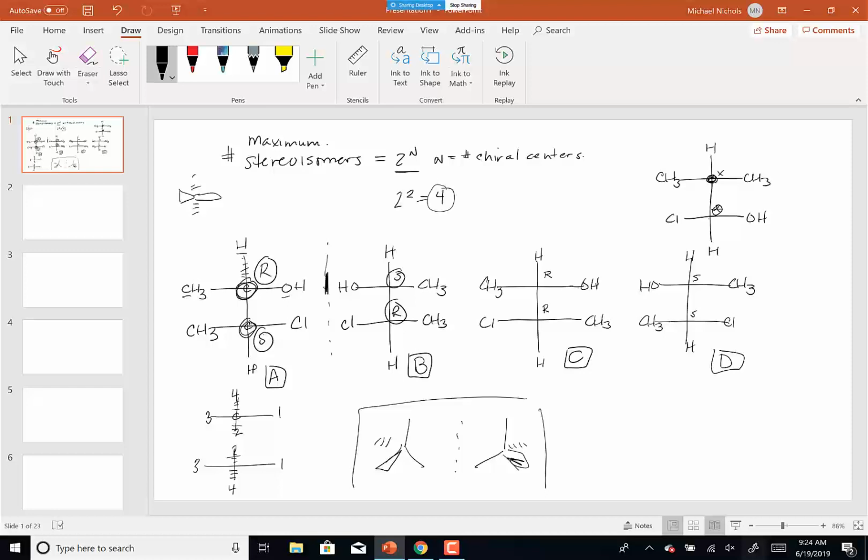We started with A, determined its configurations were R and S on top and bottom, and then we wrote the mirror image of both of those to make B. So the relationship between molecule A and B is that they are enantiomers. They are non-superimposable mirror image isomers.